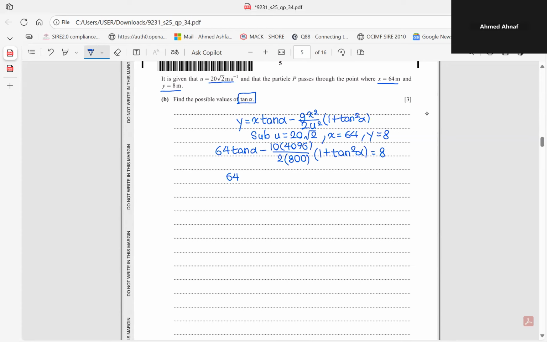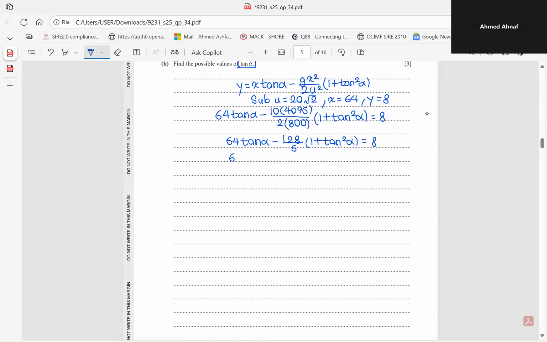So 64 tangent alpha minus 10 times 4096 over 2 times 800. You'll get 128 over 5 times 1 plus tangent squared alpha equals 8.